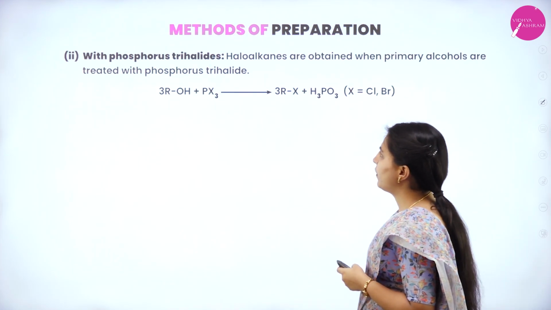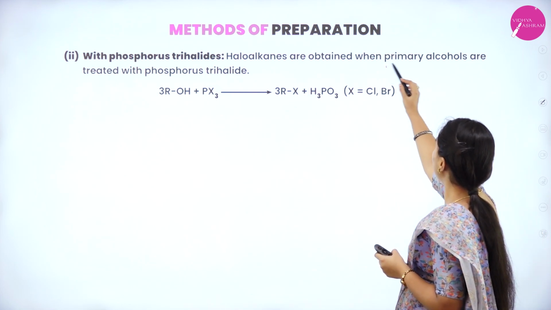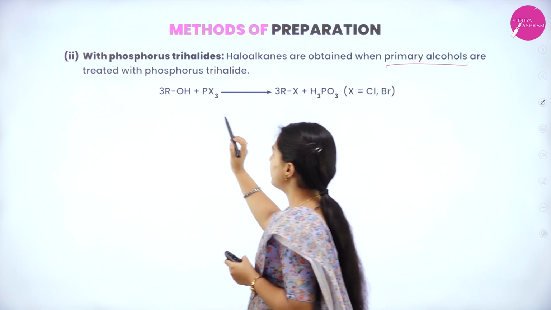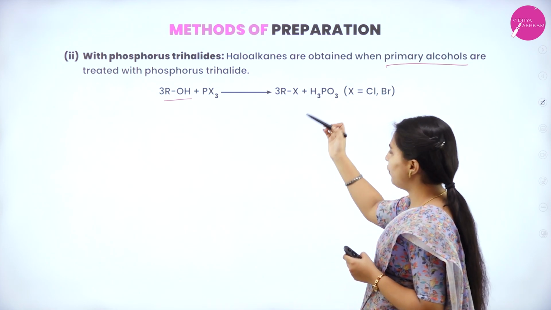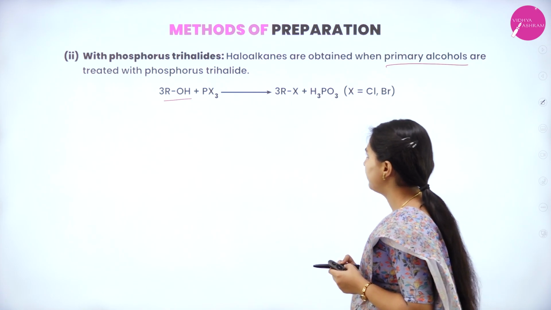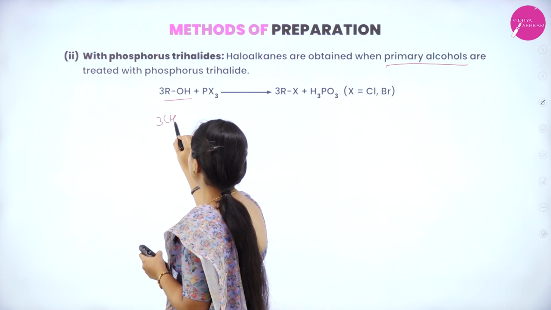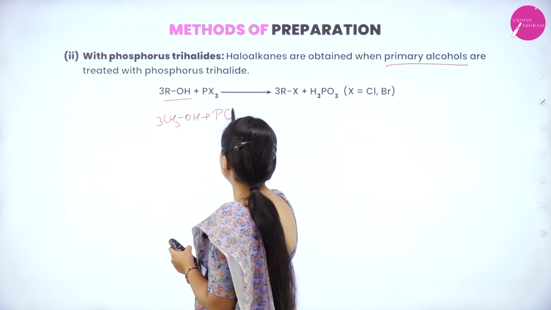Next one, with phosphorus trihalide, haloalkanes are obtained when primary alcohols are treated with phosphorus trihalide. It will form alkyl halide with phosphorous acid. X may be chlorine or bromine. We'll take 3CH3OH with PCl3.